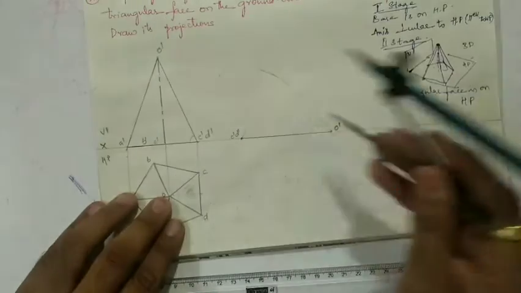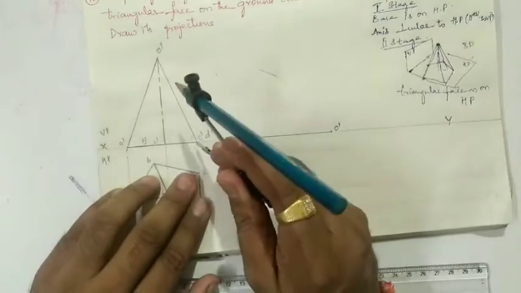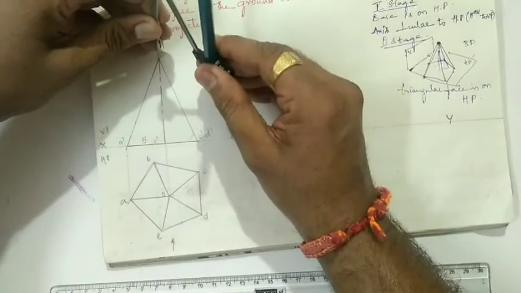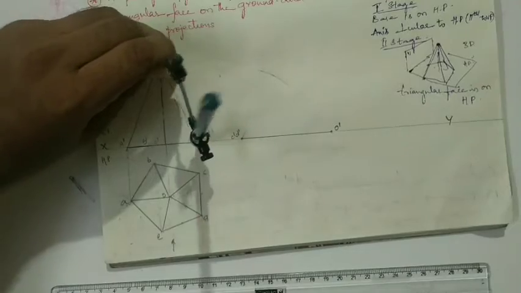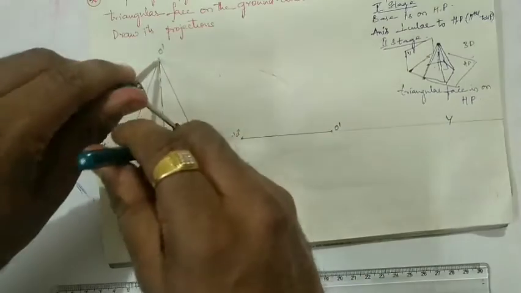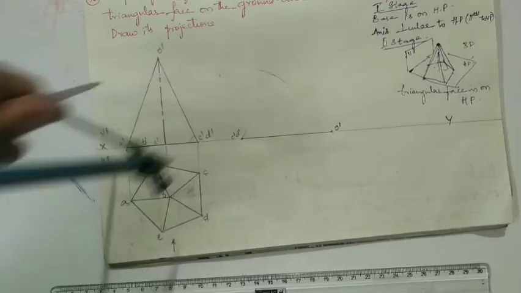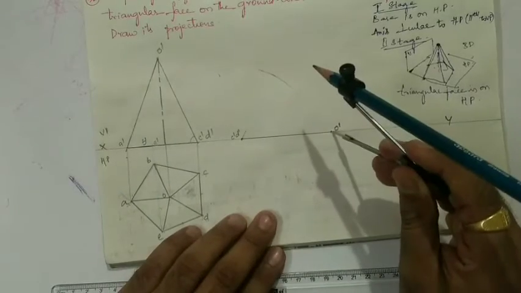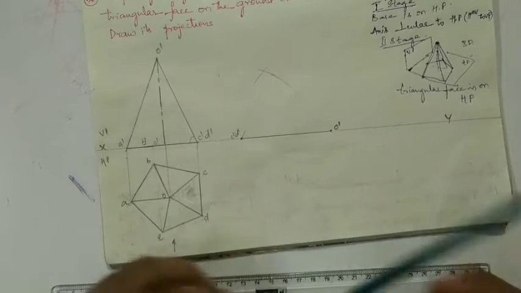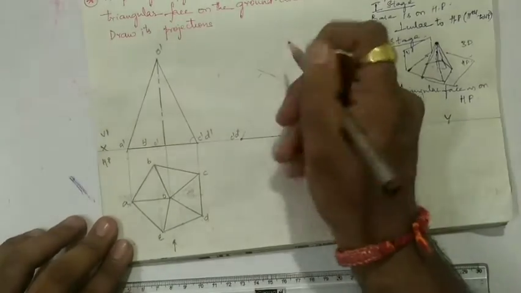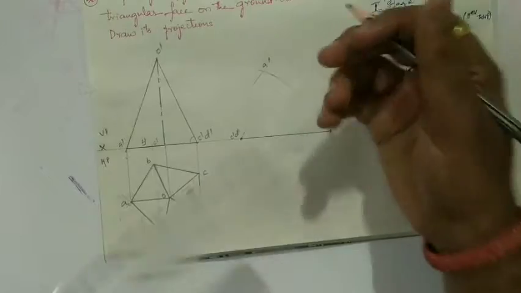And then afterwards, same thing. Measure the length from O dash to C dash, and then with O as a center, cut the arc. That's all. So the intersection of this point, you mark this point as A dash.